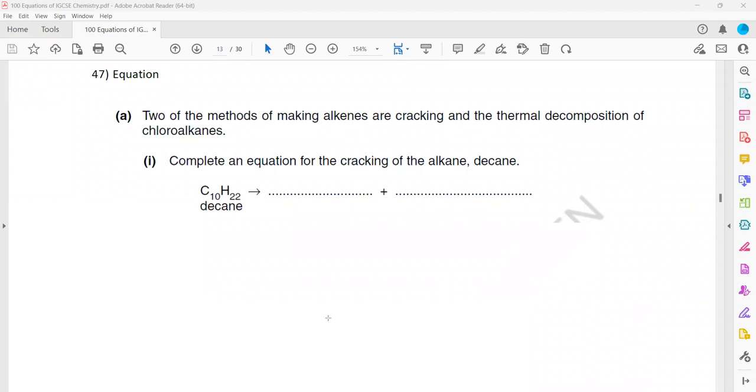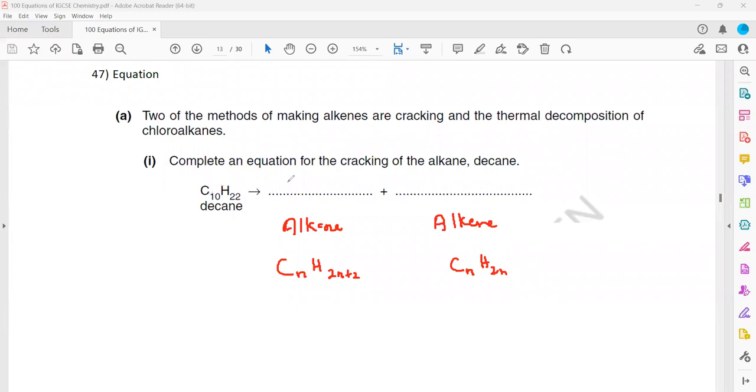So, because it's cracking, what happened as a result? It produced an alkane and an alkene. If it's an alkane, the number of hydrogens is twice plus 2. If it's an alkene, the number of hydrogens is twice the carbons.